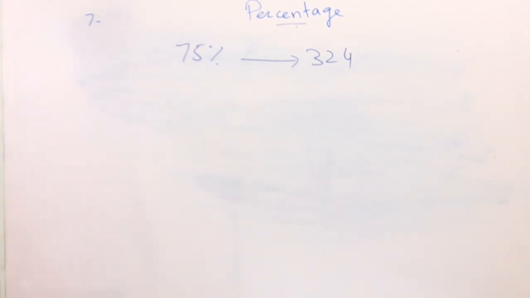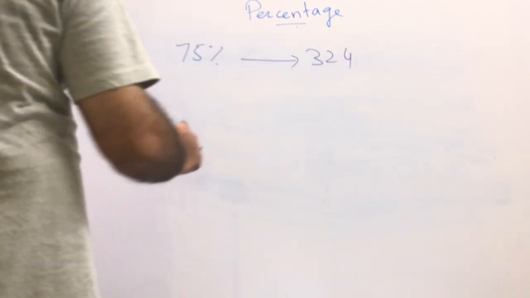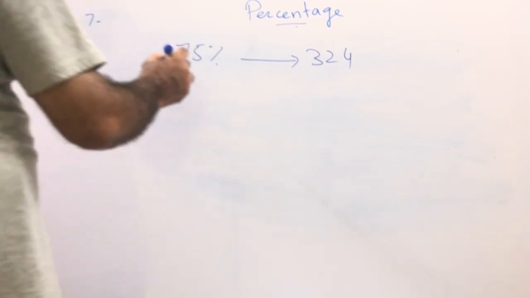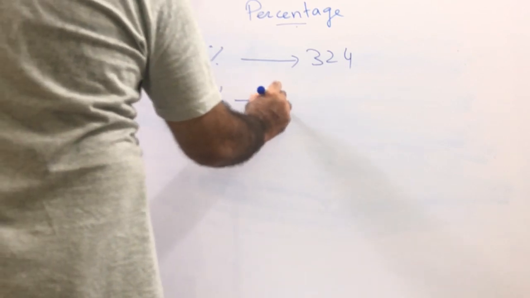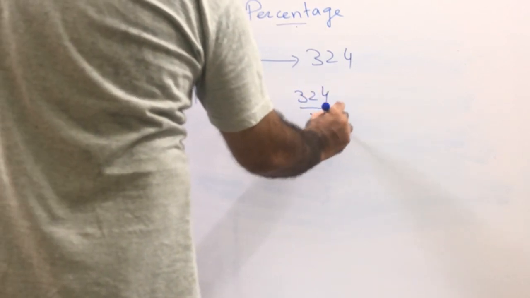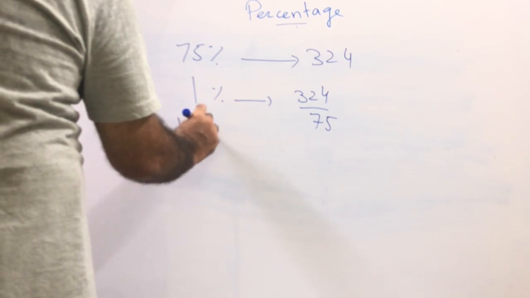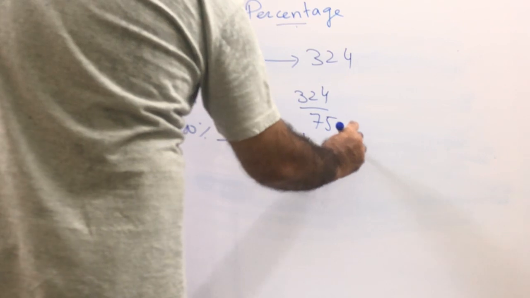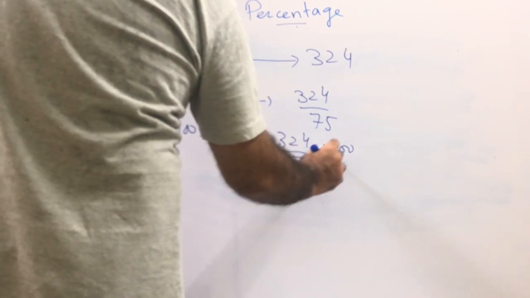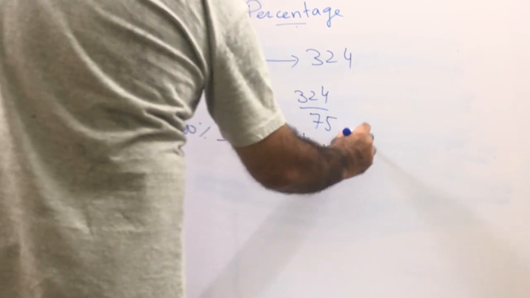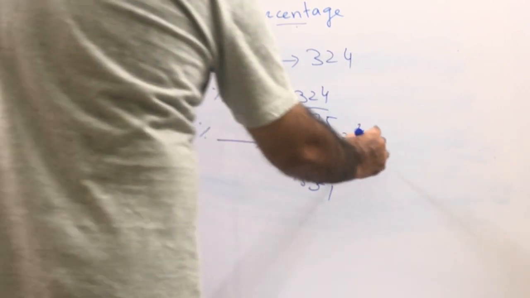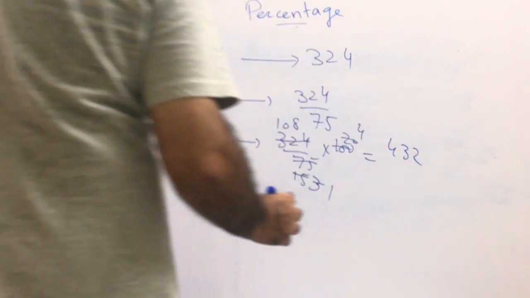If this is 75%, we can find the 100%, and that will be our answer. 1% is 324 over 75, and then 100% is how much? 5 15s are, 5 3s are, 3 1s are... it becomes 432.